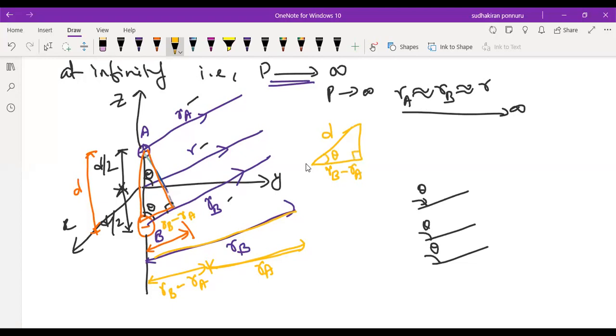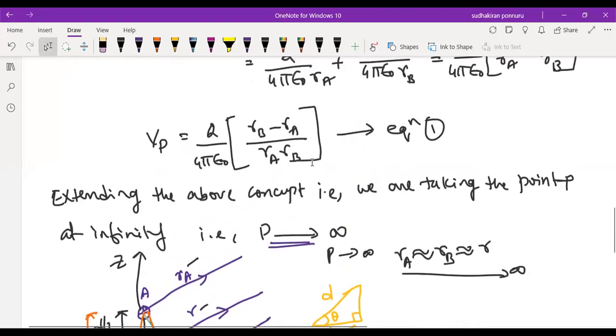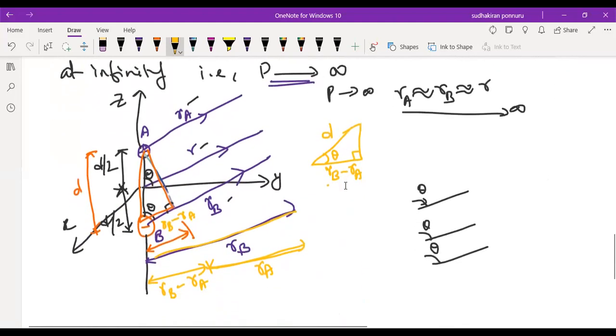Why are we going to find this value? Because in the above equation we have RB minus RA. Now I am going to substitute the value of RB minus RA, which I obtain from this right angle triangle.